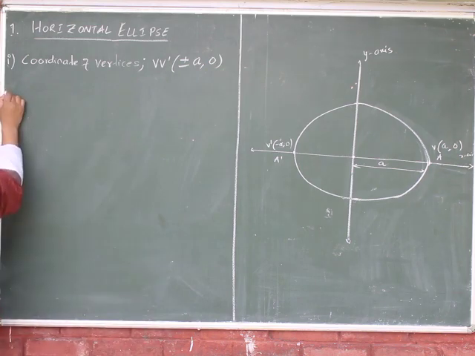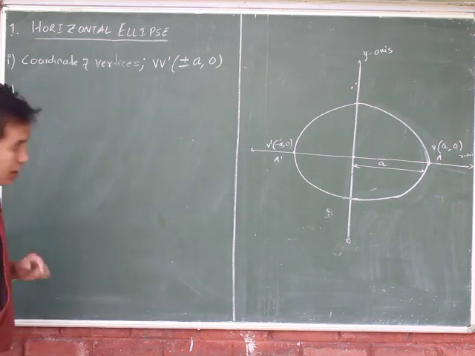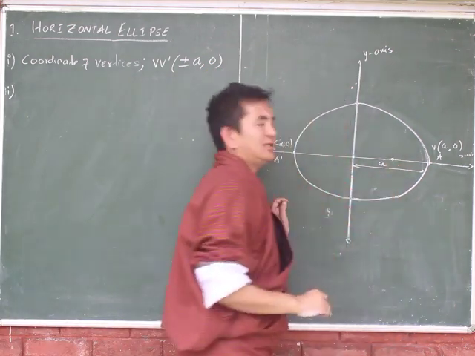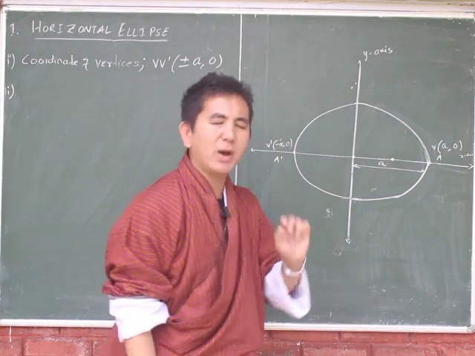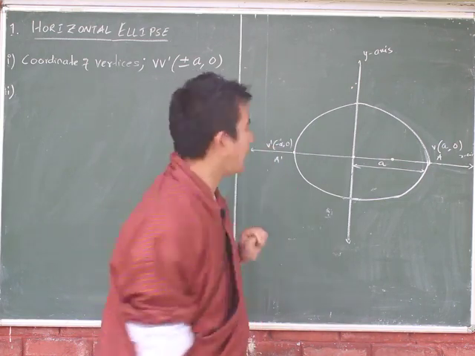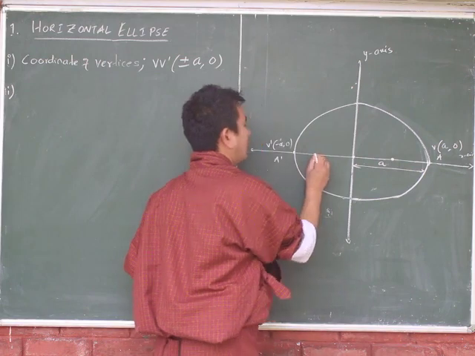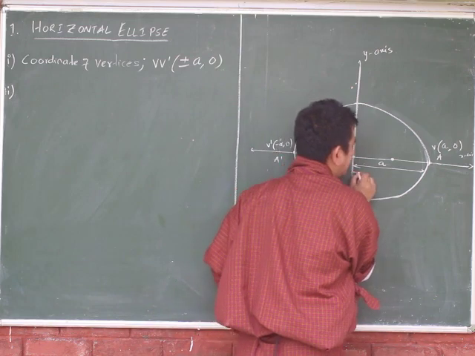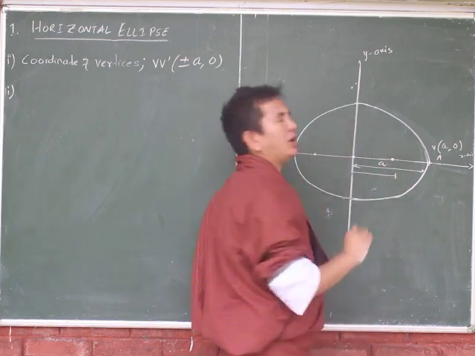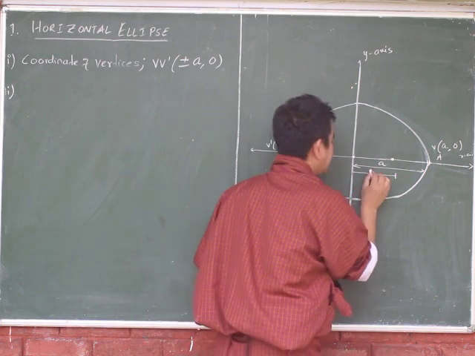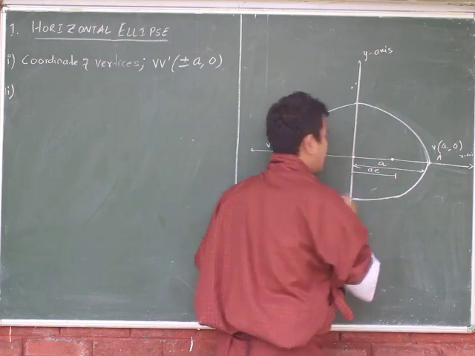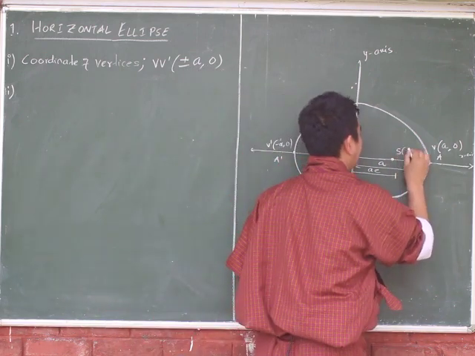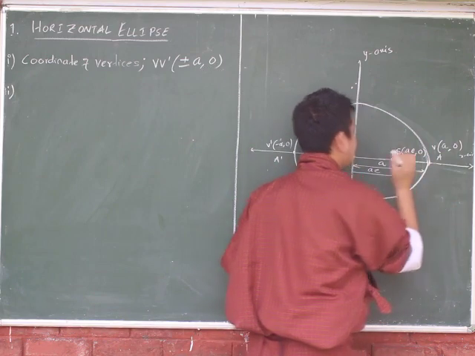The next point we are going to write: this point we call a focus, but in case of ellipse we have two, so we call them foci. Please remember, from the center to the focus, the distance is given by AE. So the focus point here will be (AE, 0).